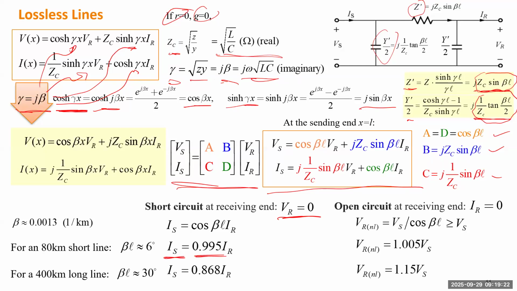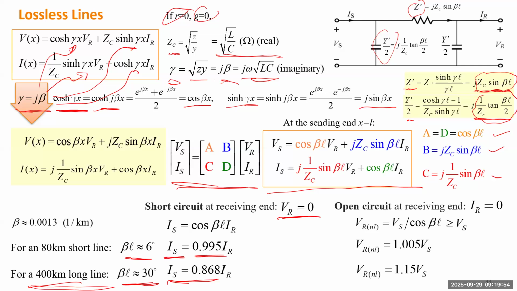For instance, if the line is not very long, only just 80 kilometer, this fault current will be about 99.5% of the fault current at the fault point. Okay, which is very high. So even if you have a long line, like 400 kilometer, that will make the beta L roughly 30 degree. So the fault current on the source will still be more than 85%. It's still quite high.